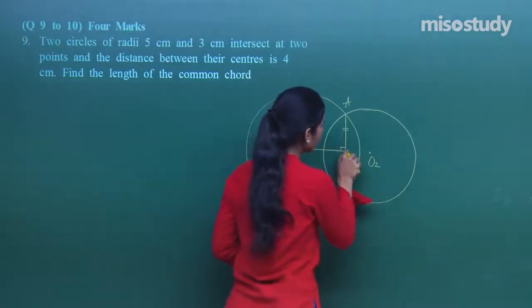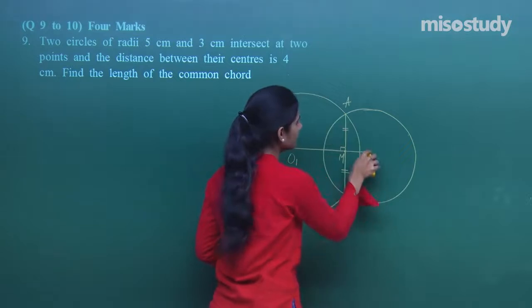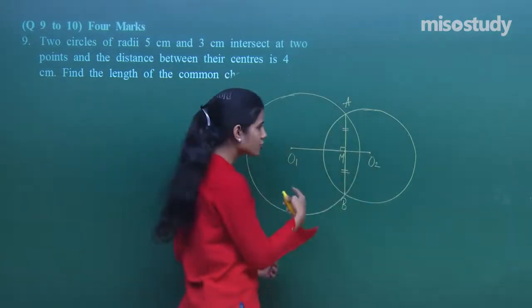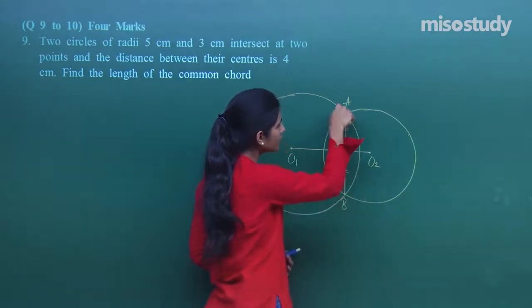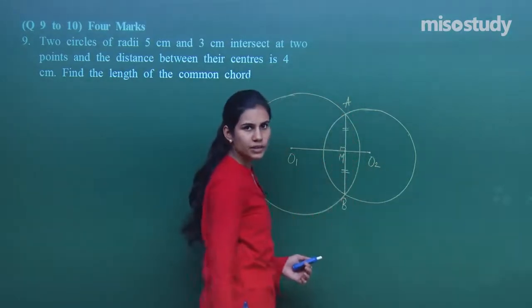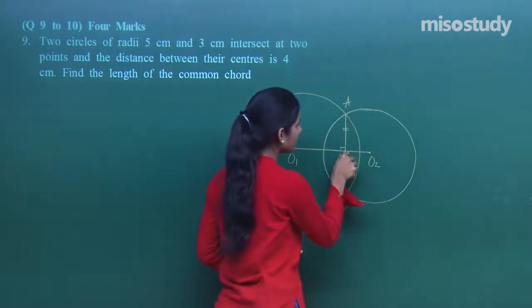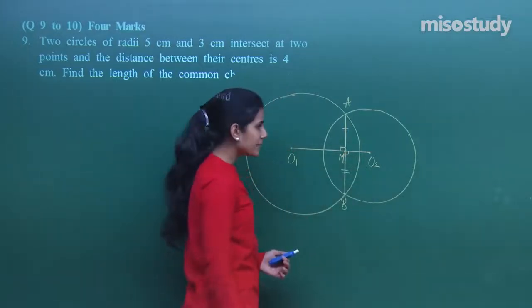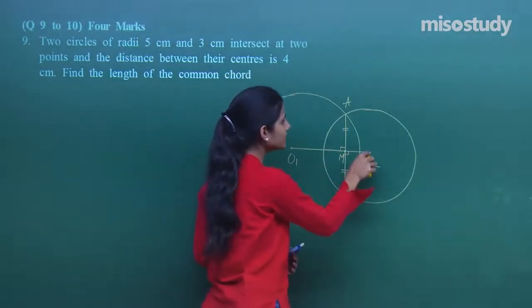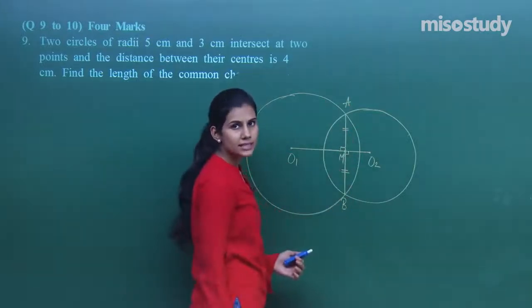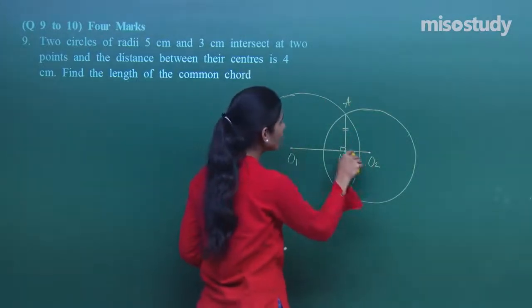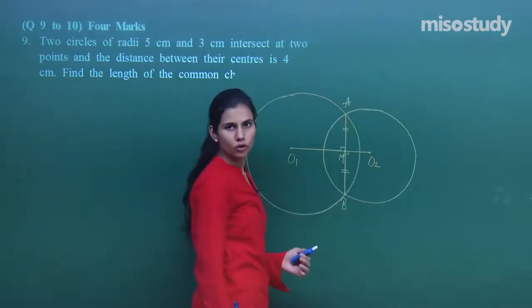Now I join O2 with M. If I join O2 with M, actually what is happening? I am drawing a line segment from the center to the chord such that it is bisecting the chord, and therefore this line has to be perpendicular to the chord. So basically if I talk about the line segment joining O1 and O2, it is bisecting the chord as well as it is perpendicular to the chord. So O1O2 is the perpendicular bisector of the chord.